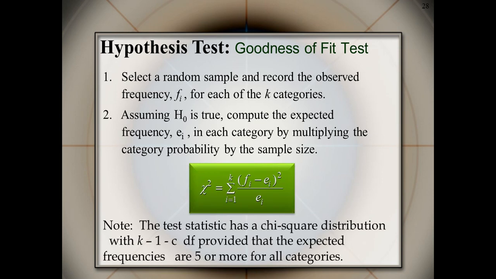Once these two numbers are available, we can find the difference Fi minus Ei, square it to get rid of the negative sign, and divide by Ei to standardize it so that it can be compared with the available table. The test statistic has to be compared with the critical value of chi-square, which is found with degrees of freedom k minus 1 minus c.